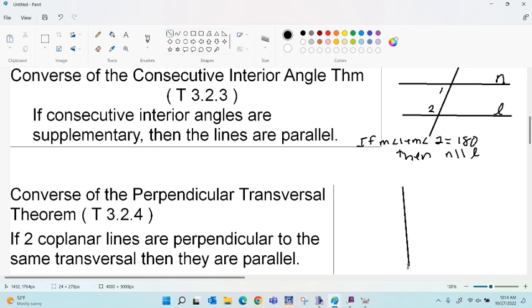If two coplanar lines are perpendicular to the same transversal, what does perpendicular mean? Nico, what does perpendicular mean? Okay, thank you, Joshua. They make 90 degrees.